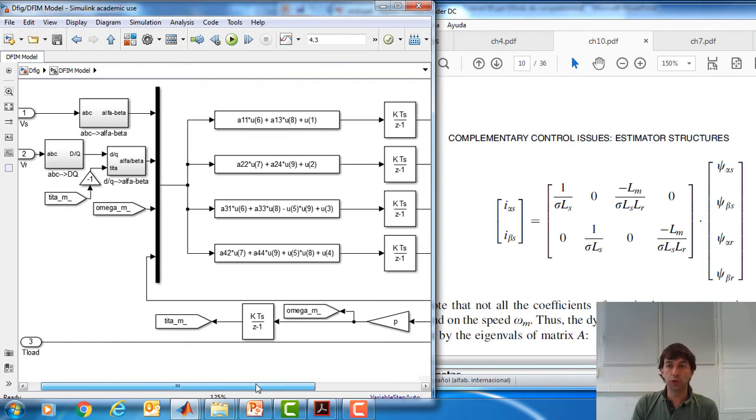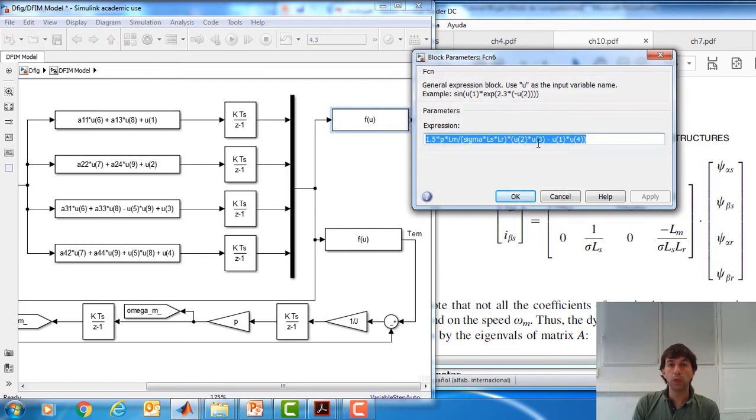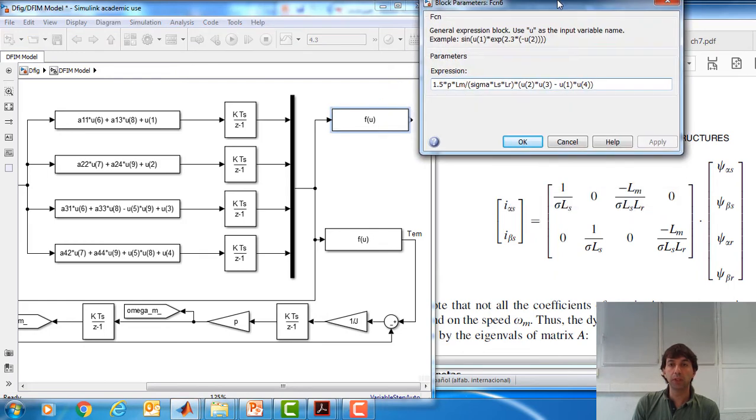So let's do some space. Yes, we will need another function here. This is the input. So we have to implement this.